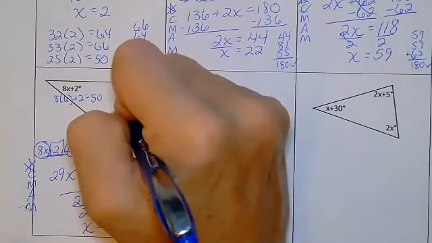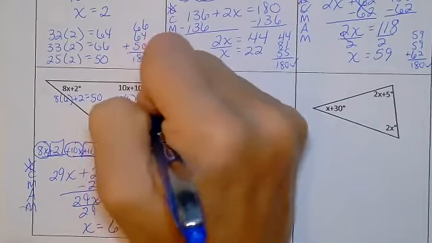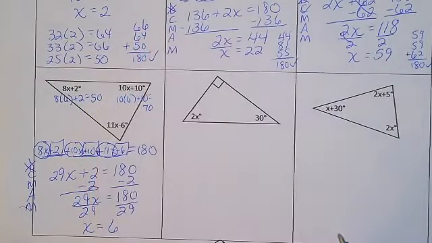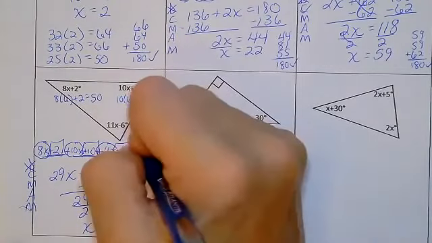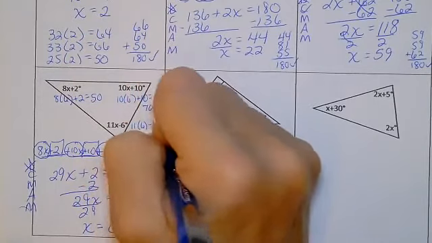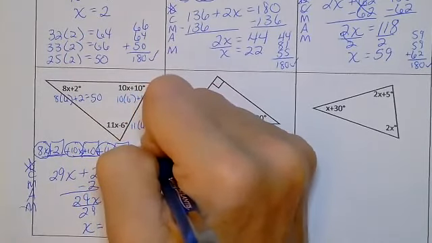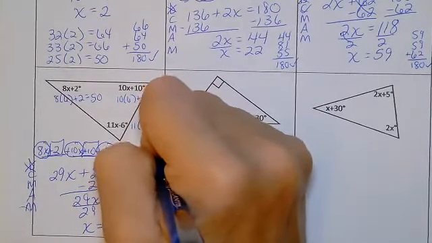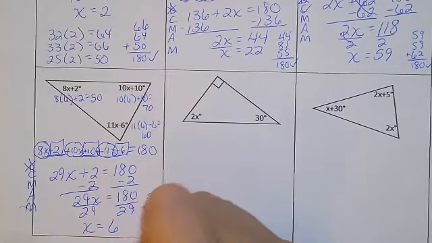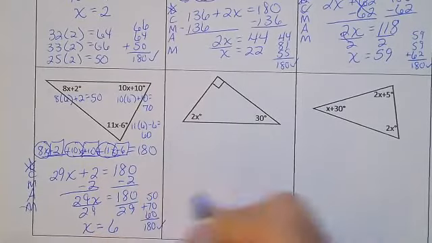This would be 10 times 6 plus 10, which equals 70. And this would be 11 times 6 minus 6, which equals 60. 50 plus 70 plus 60 equals 180.